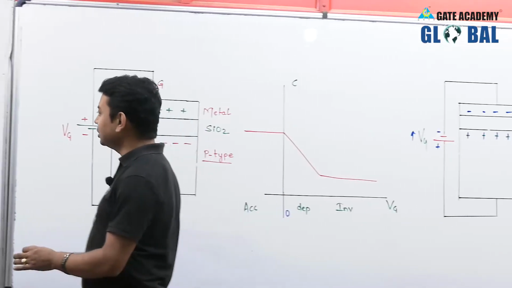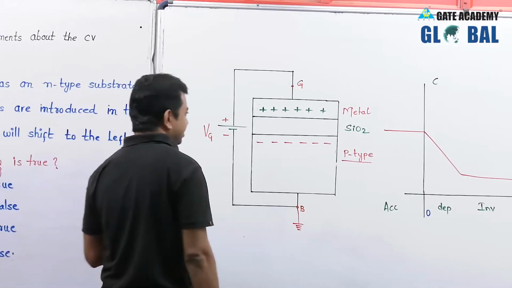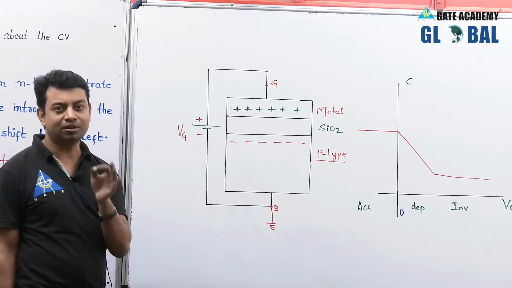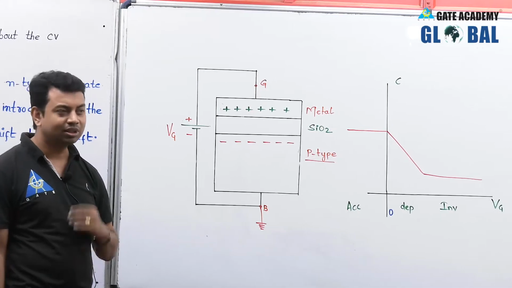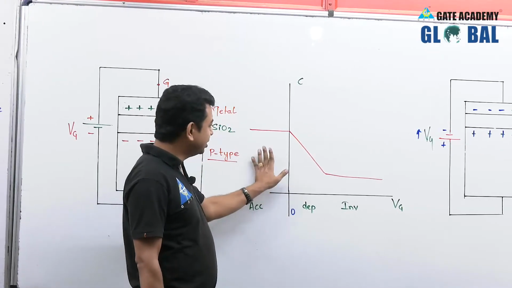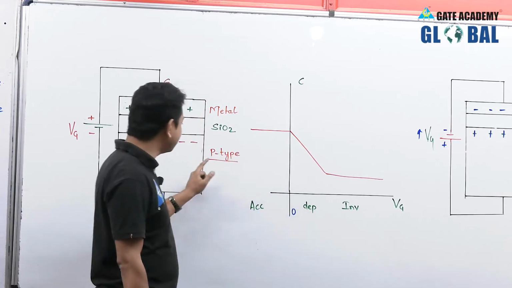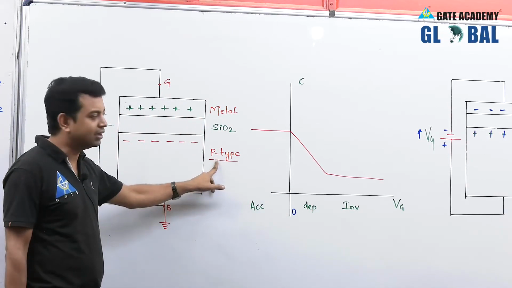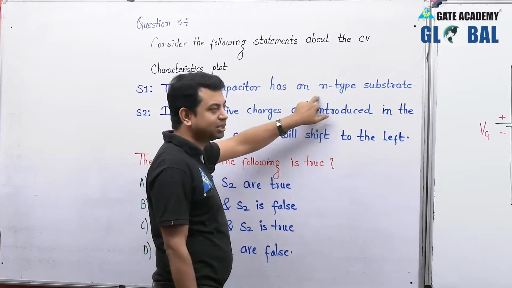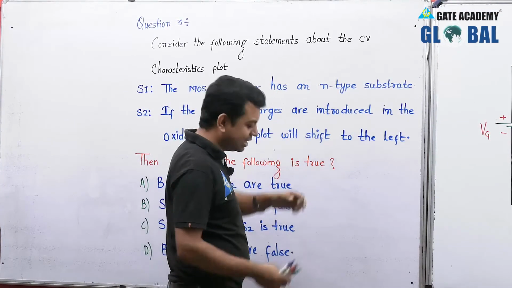The MOS capacitor has an N-type substrate. That means the characteristic which is given in the data of the question is of this type. If it is of this type, then the substrate is of P-type. In this question, it is given that the MOS capacitor has an N-type substrate.